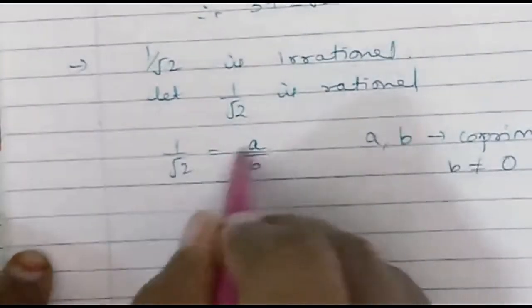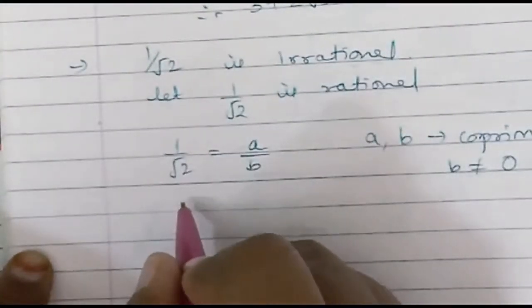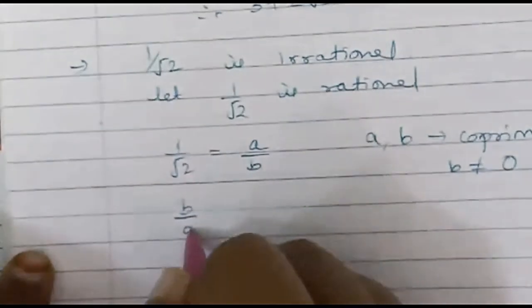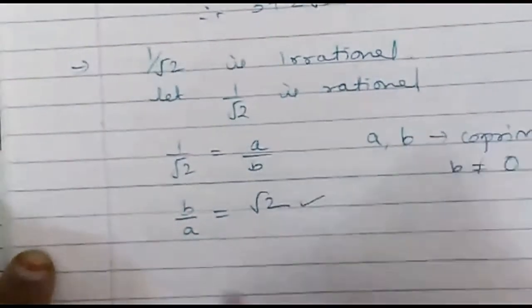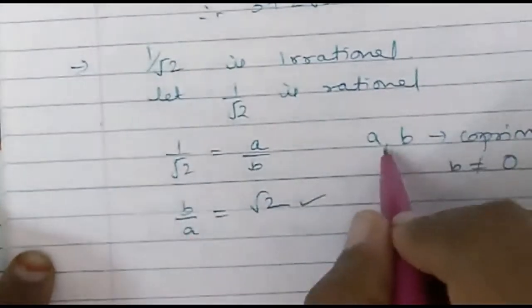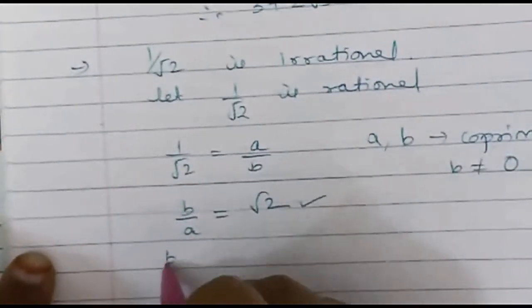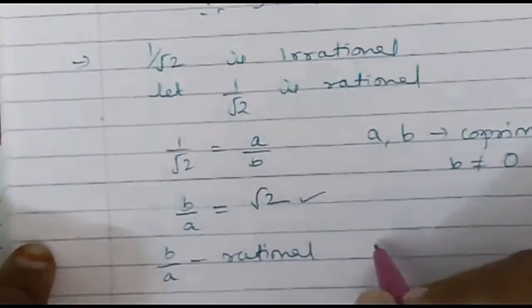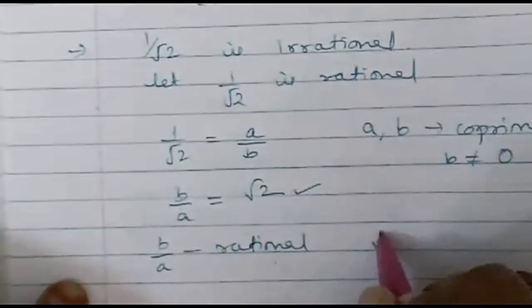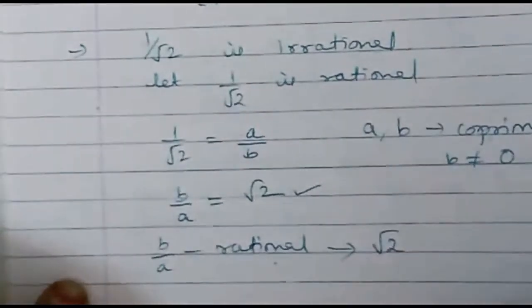So if we cross multiply, we will be getting b upon a is equal to root 2. Directly we can write that. But again b upon a will be a rational number, and as b upon a is a rational number, root 2 also would be a rational number.